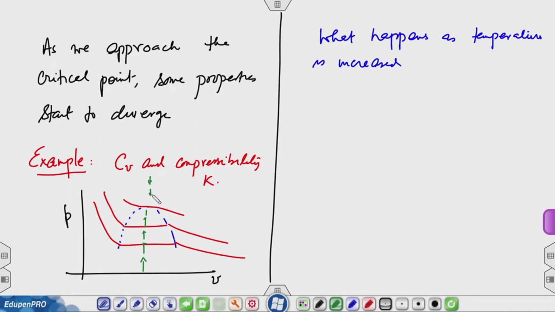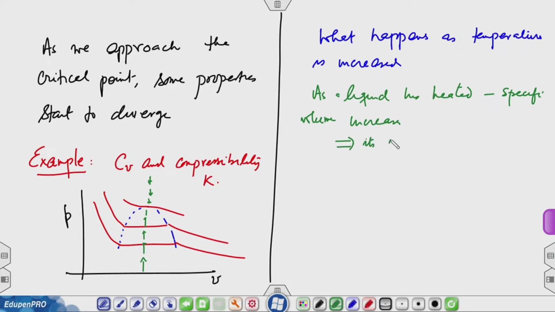You can also come from above. Now, as a liquid is heated, the specific volume increases, and that means its density starts decreasing.